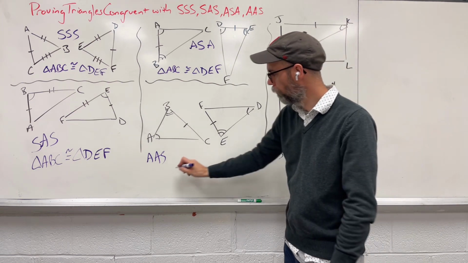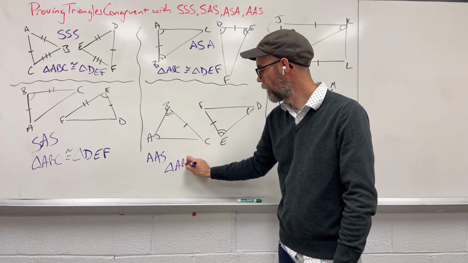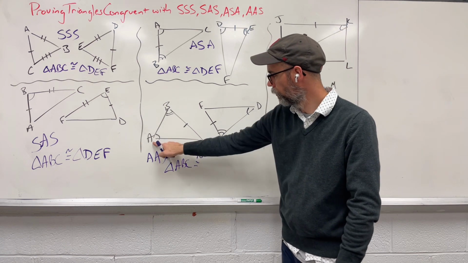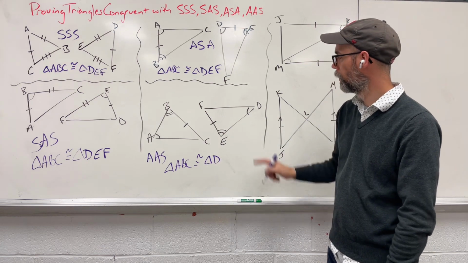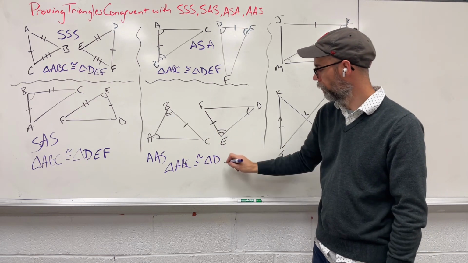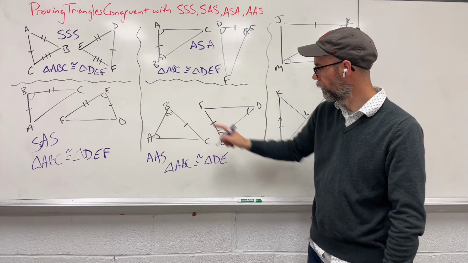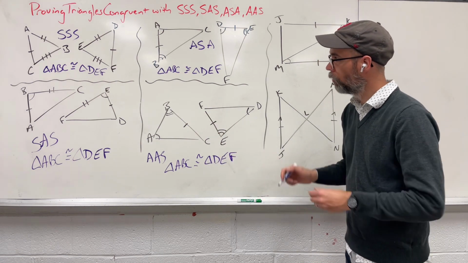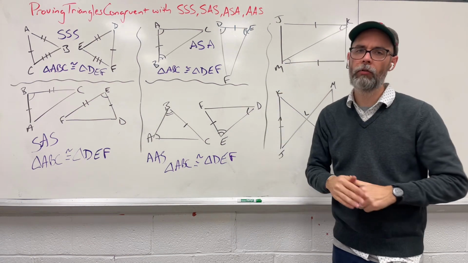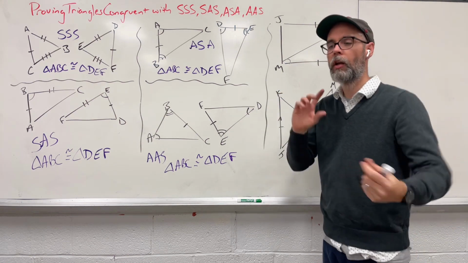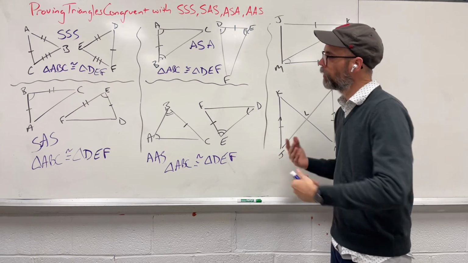Let's match everything up. Triangle ABC is congruent to, so one arch, triangle D, two arches, E, and nothing is F. So when we do these statements, we're saying that these are 100% identical triangles.